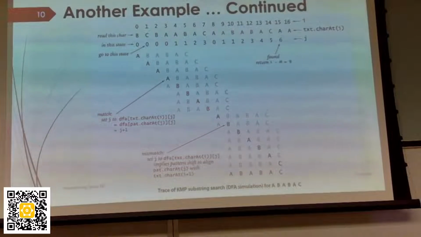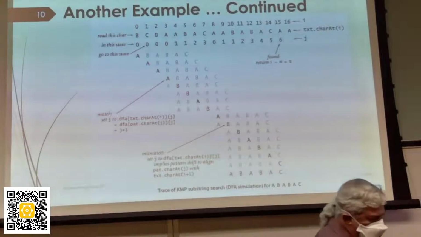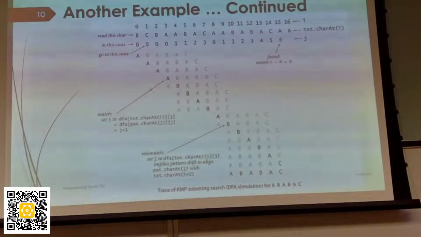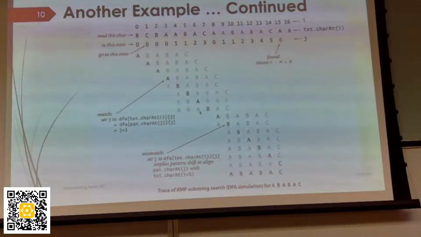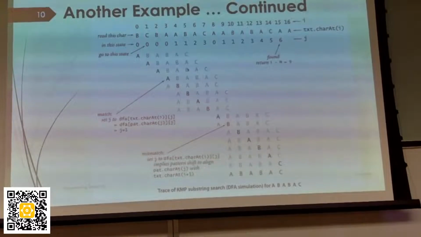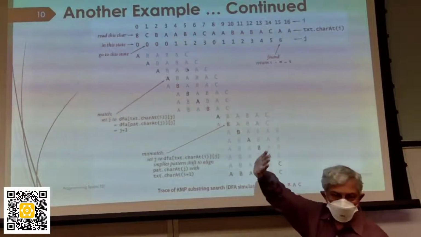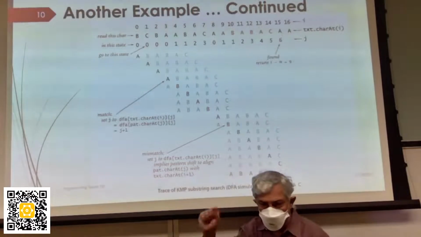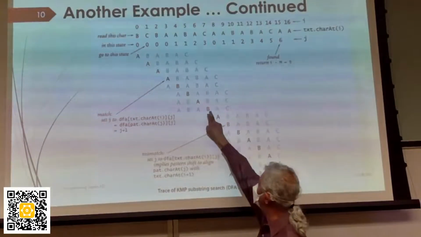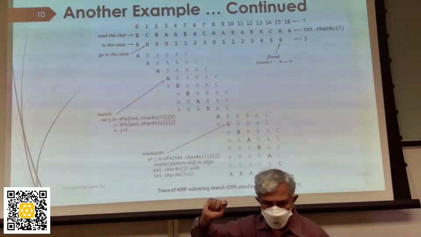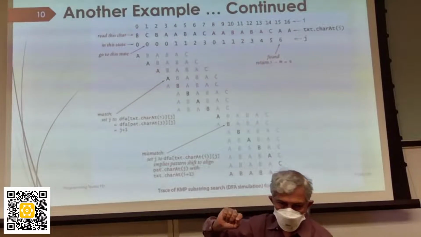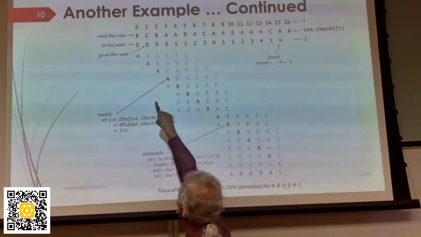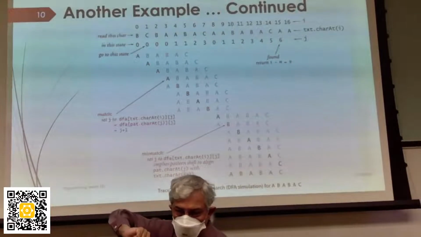Now, all this other stuff here is what's happening with the pattern. That's the sliding window of the pattern. The gray stuff is not matched currently. The black stuff is perfectly matched, and the red stuff are mismatches. So the A mismatched right at the start.